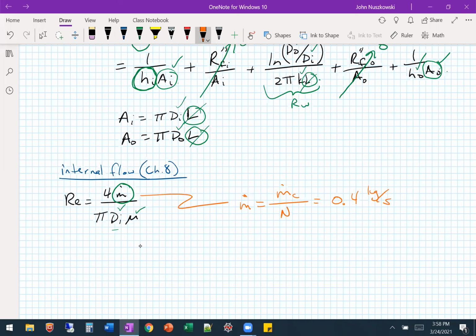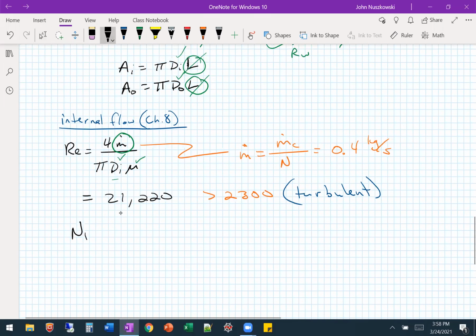All right, so if we do that, now we have all our values, and we get a Reynolds number of 21,220, which tells us we are turbulent. Okay, so now we have to get our relationship for turbulent flow.